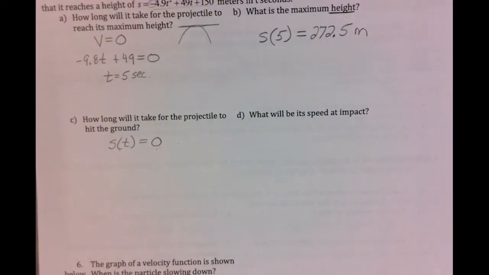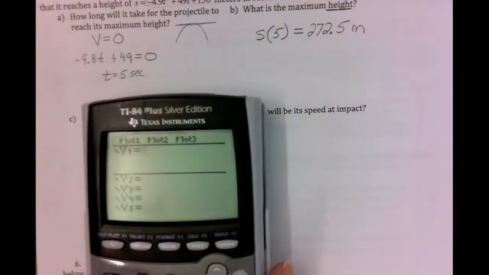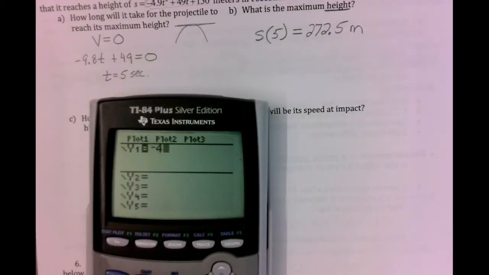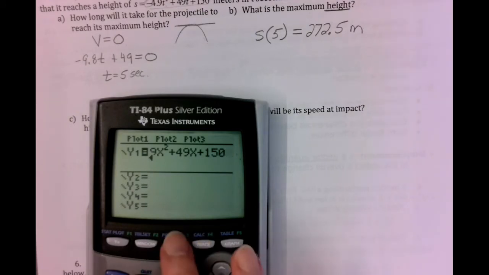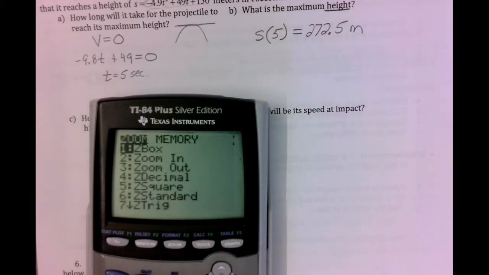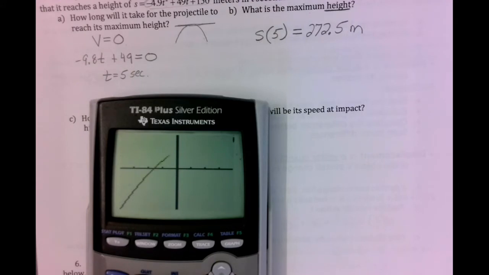So if I plug in y equals negative 4.9x squared plus 49x plus 150, I'm going to zoom fit it just to start. And zoom fit is not looking so good. I'm not seeing enough over to the right.